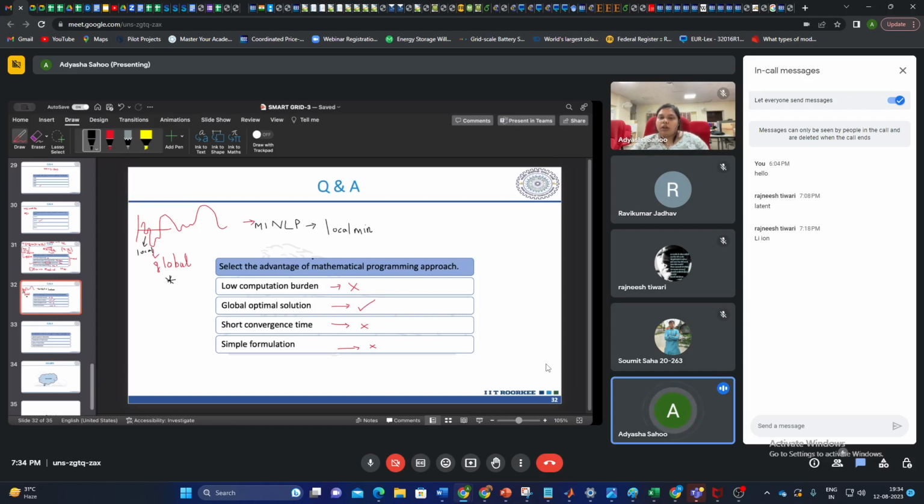And finding the global minima needs a high computational burden, and it will take more time to find the solution. So for power system applications where we need to make faster decisions, what we do is simplify our problem.